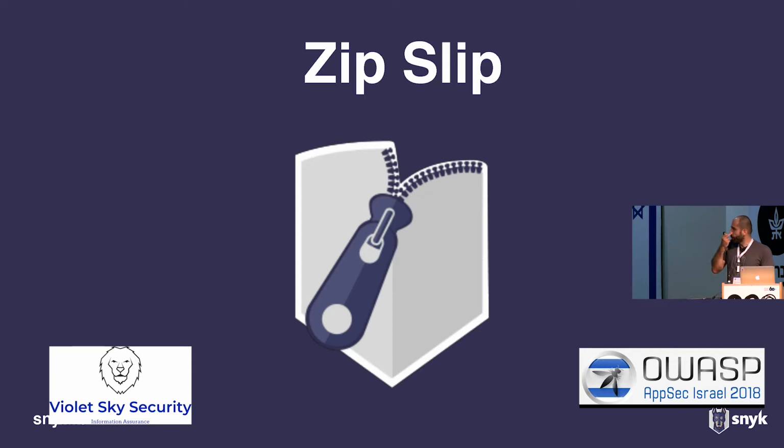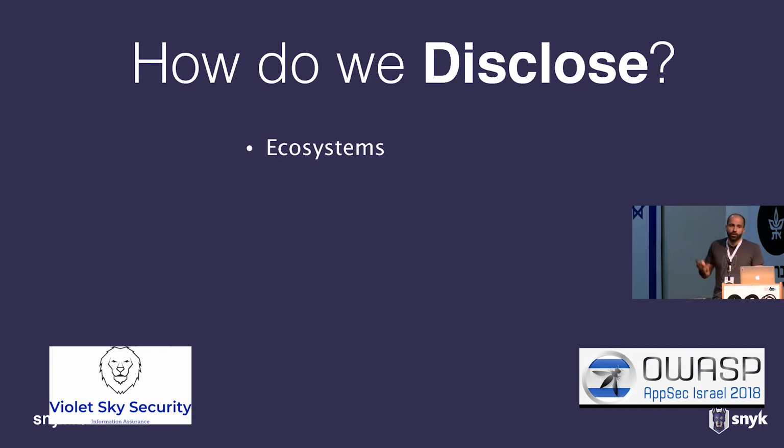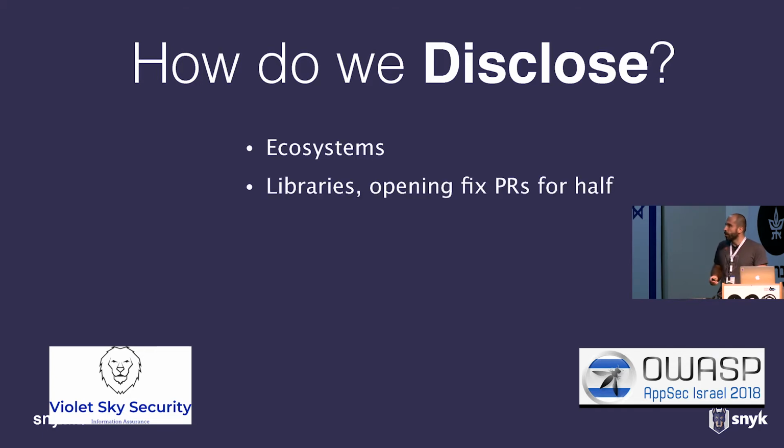So what we did, we followed the Google Project Zero model. We chose 60 days to be the disclosure period. Coordinated the fix with the different vendors. And so we started with the ecosystems, reaching out to all the big players, Oracle and Apache, and started to work with them on all the particular libraries that were affected.